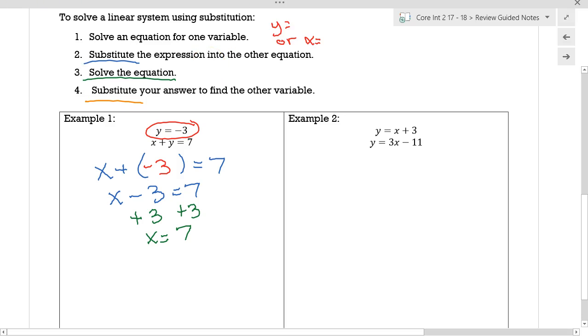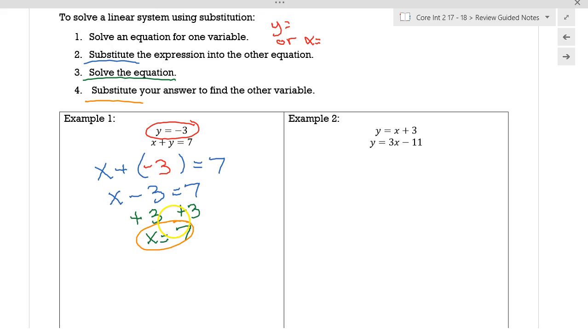Our last step would be to substitute your answer to find the other variable. This first example is a little different though, because it gave us the answer for y. Y isn't equal to an expression. Y is -3. So x is 7, y is -3.